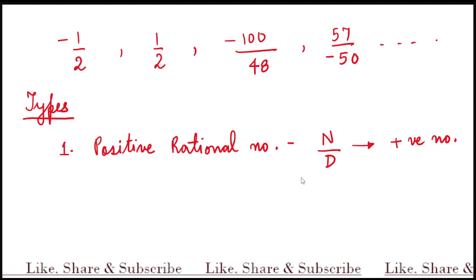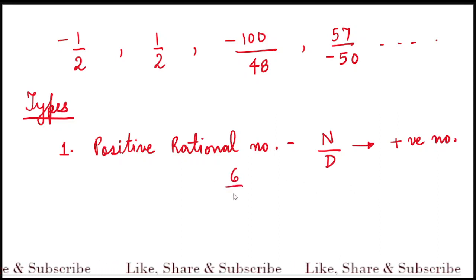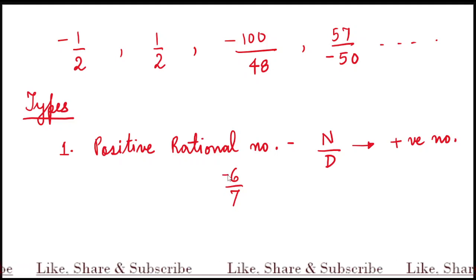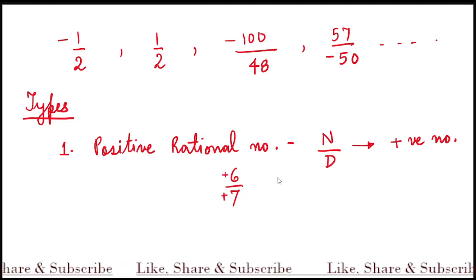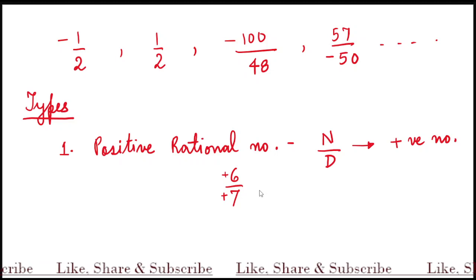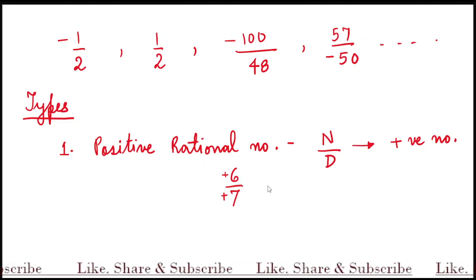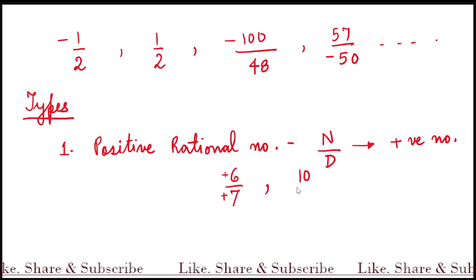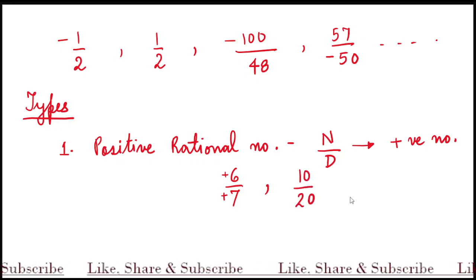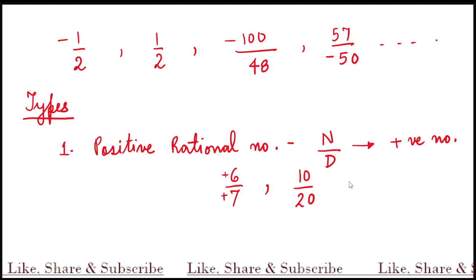For example, if I write 6 by 7, both are positive. No sign means they are positive numbers. So 6 by 7 is a positive rational number. 10 by 20 is also a positive rational number.